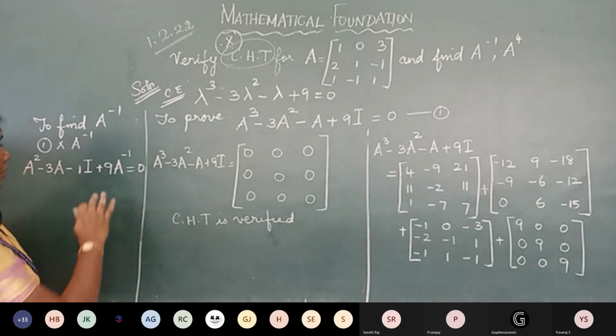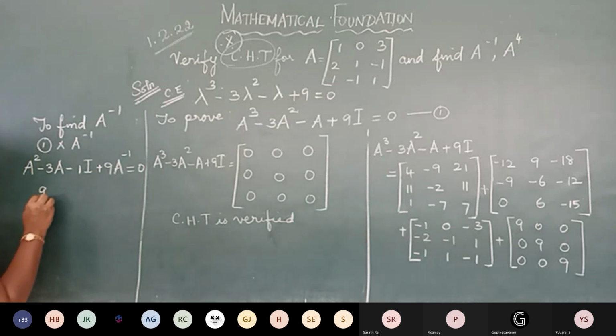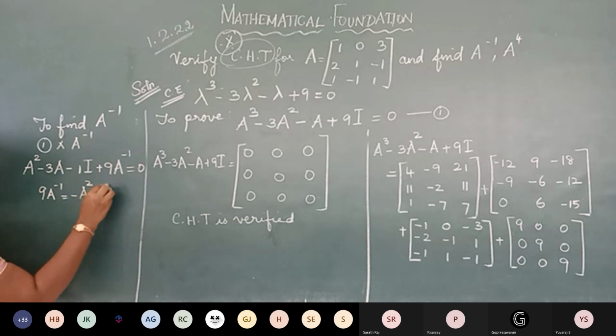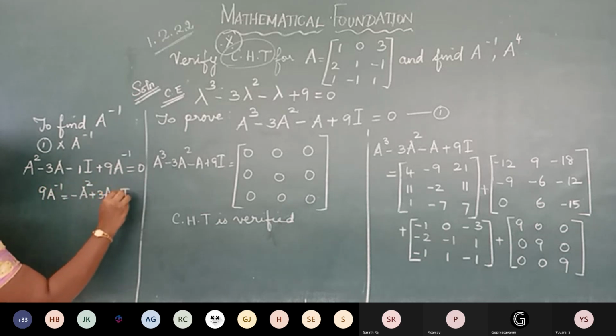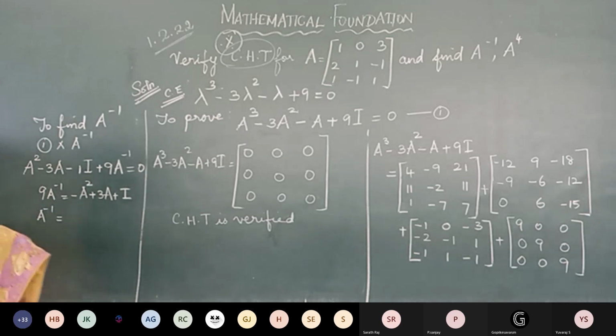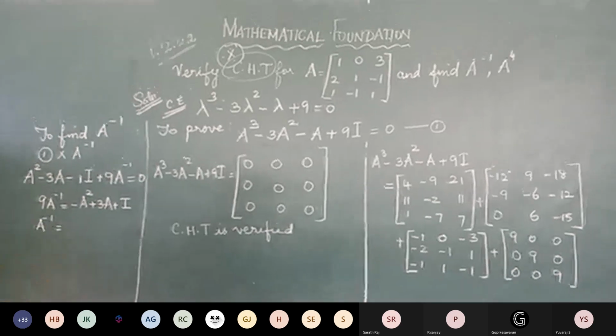In that you want only your A inverse, so it will be 9A inverse. You keep it this side, take all other terms to that side, so it will become minus A square plus 3A, and this also will become plus I. Okay, you want only your A inverse.